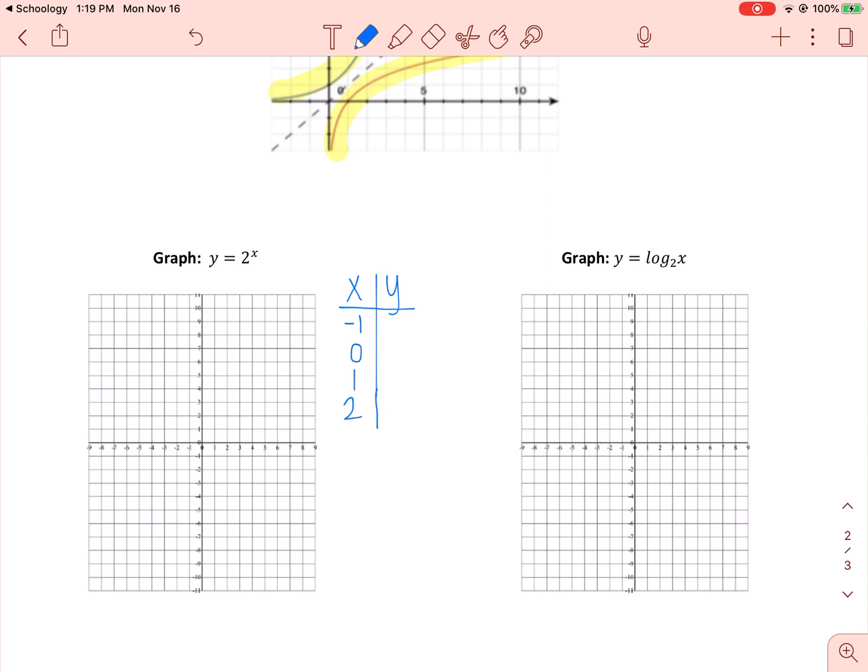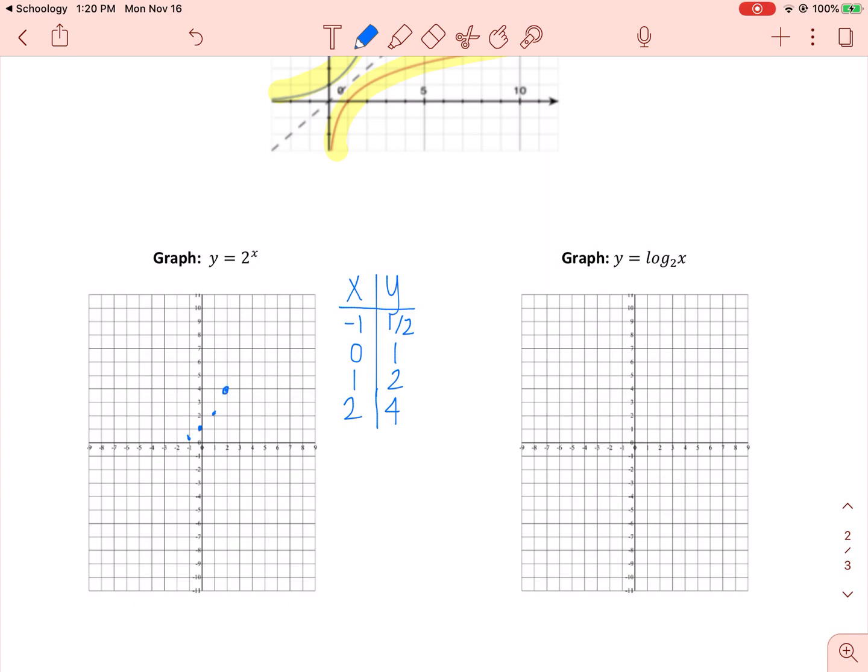If I plug in -1, I would get 1/2. Anything to the 0 power is 1. 2 to the first power is 2. And 2 to the second power is 4. So I'm going to graph that. That's 1/2. That's 0. That's 2. 2 is 4. I'm already seeing that curve.